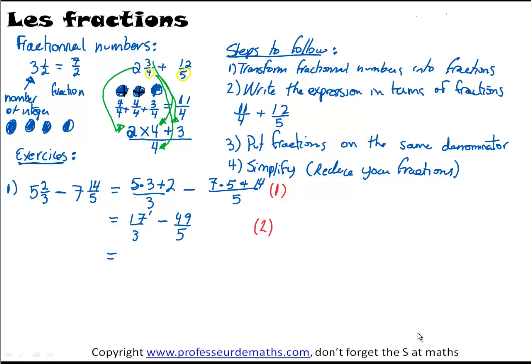For this, we're going to have to multiply the first one by 5 over 5 and the second one by 3 over 3, and that will give us 85 over 15 minus 147 over 15, and once this operation has been done, it gives us minus 62 over 15. So this fraction is not reducible, so we cannot simplify it anymore, and that was step 3.